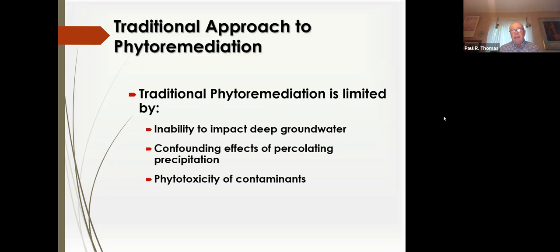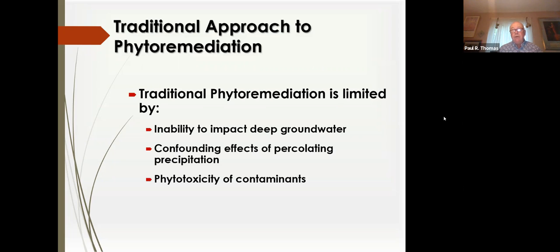Basically, I'm talking to an audience here that is a little unusual in that you understand more about how trees work in the environment. To a large extent, I'm normally talking to people whose expertise is more related to the chemistry of the contaminants that we're dealing with. So the trees are going to get their water from the easiest place that they can.